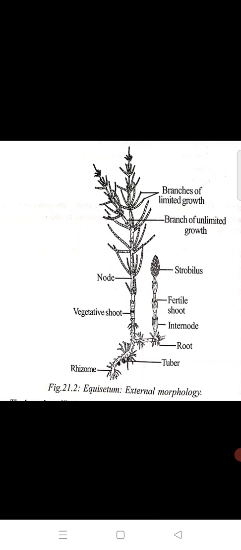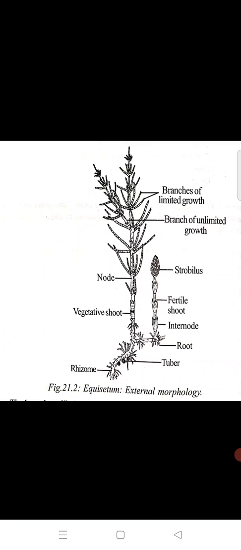And the second one is the branches of unlimited growth. These are branched and with nodes and internodes. These nodes are with branches, and the leaves are scaly and isophyllous. Isophyllous means the same type of leaves.